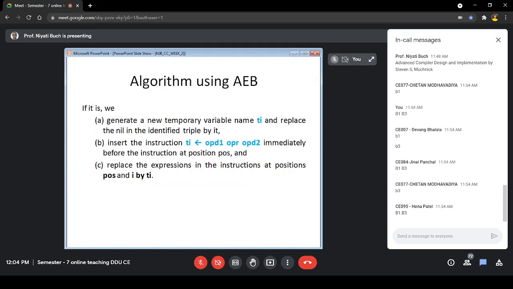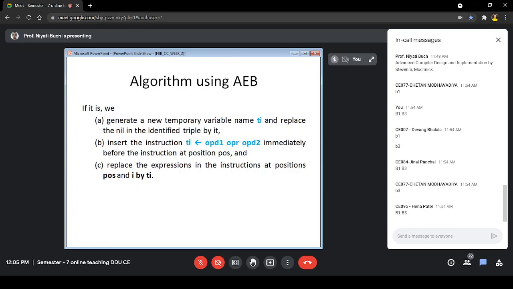If it is matched and the temporary is nil, then we will generate a new temporary variable Ti. Replace nil in the identified quintuple by Ti. Wherever the operand, operator, and operand have been identified, at that place we will replace nil with Ti.